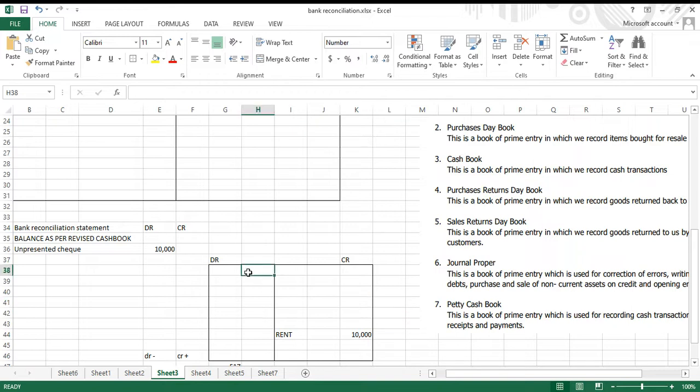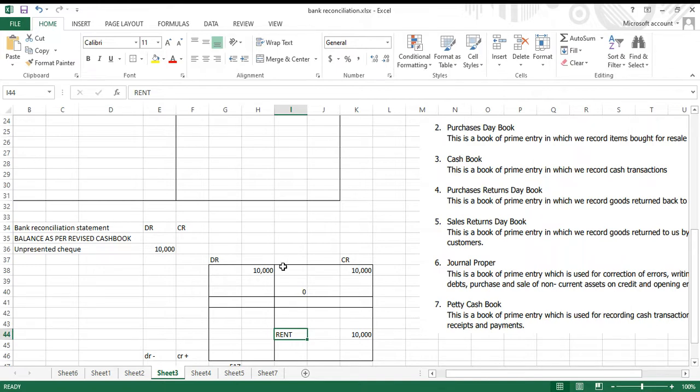Now, suppose you make the mistake and you just credit the 10,000 to the cash book. What you mean is you have canceled out this transaction, meaning no rent payment has been made. You have just removed the 10,000 from the debit side, but no payment has been made.